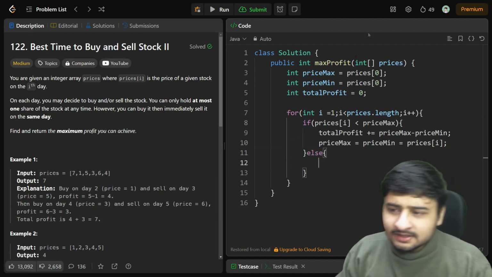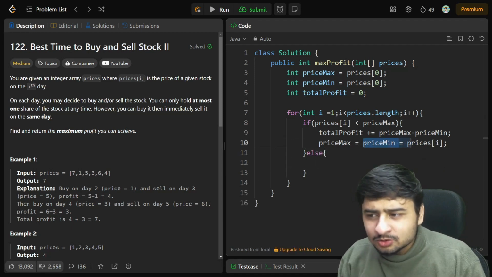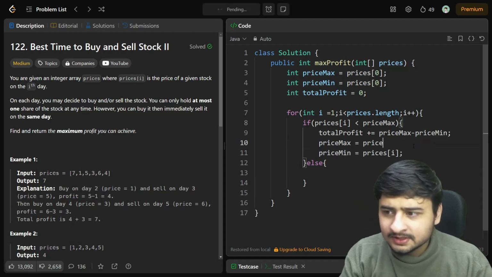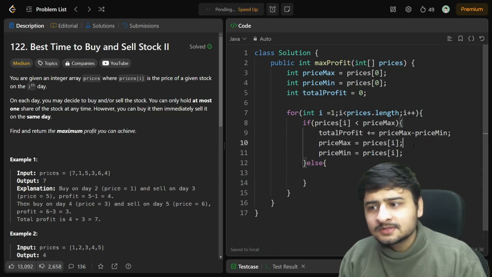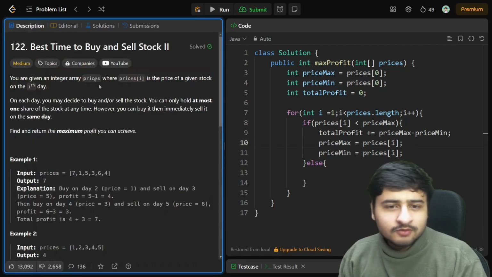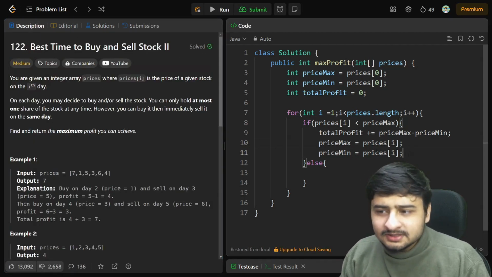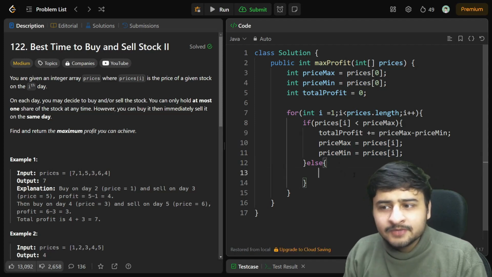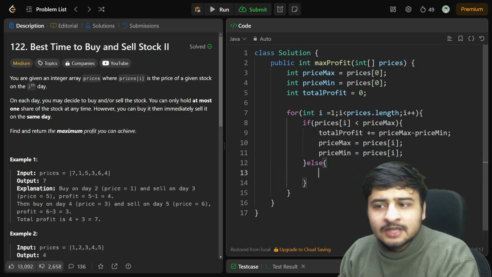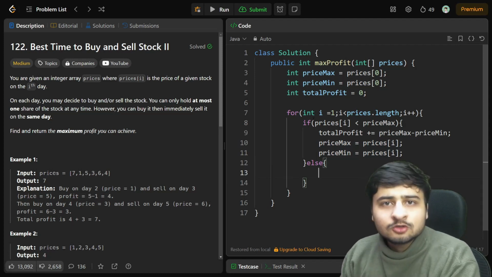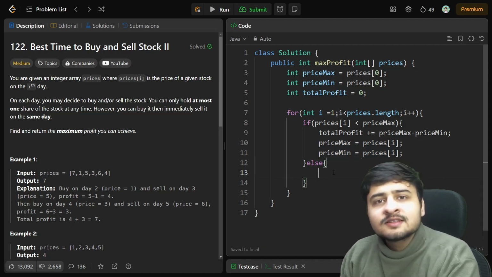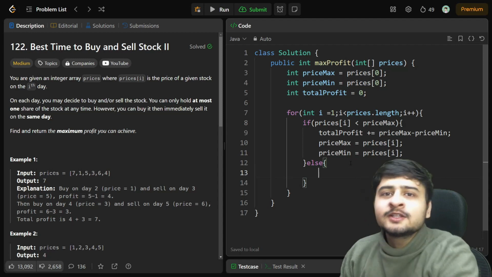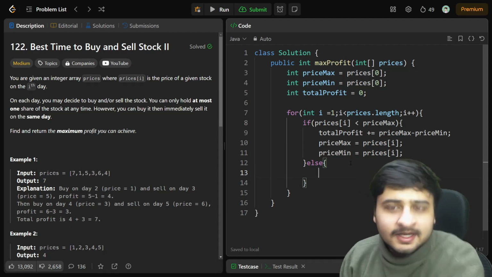This particular syntax is pretty similar to saying this only. I'll just write it here, prices of I. It is pretty similar to this. Okay. Else, this was the case when the price was not good to sell the stock. This means that this case is a good day to sell the stock. So we are going to update the price max here.